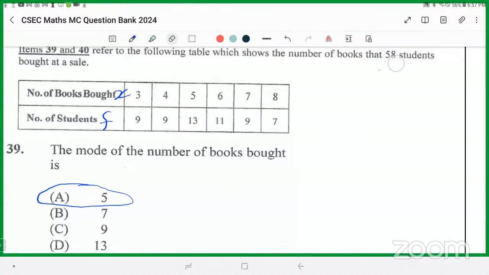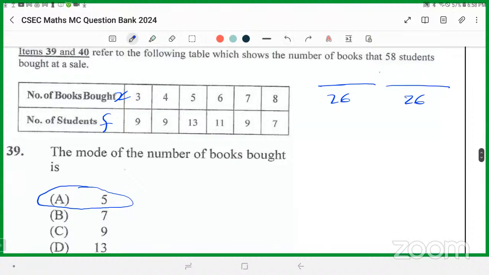Now, the median corresponds to half of n plus 1. If you have 58 students, you divide it half and half. You're going to have 29 and 29. That's an even number, so you have to add one to get the position of the median.